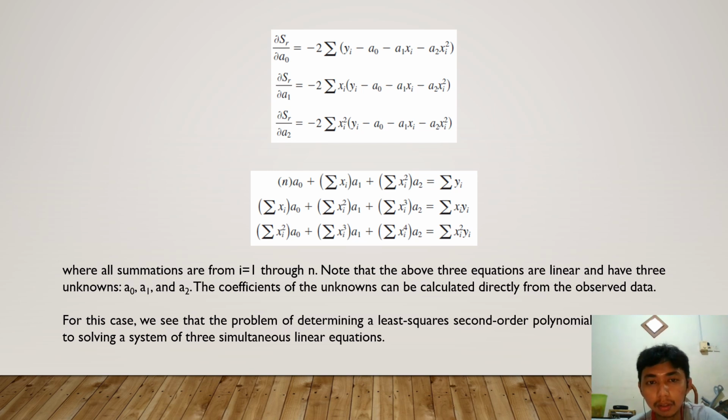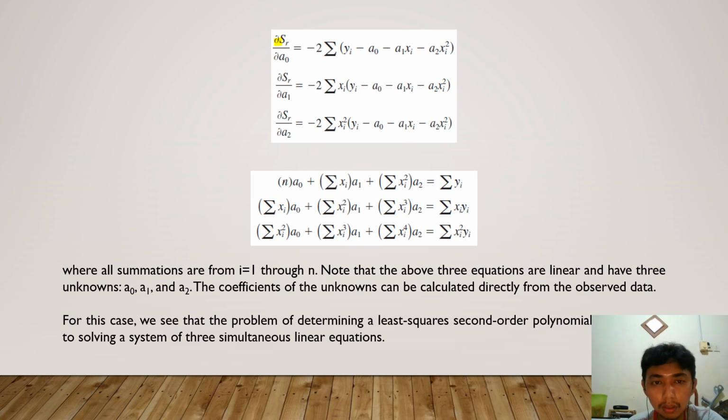Just like the previous proof, we have three unknown constants, a0, a1, and a2, that we must specify.